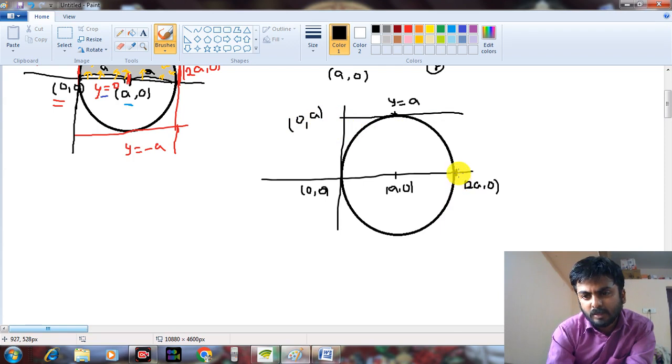And this point is 2a comma 0, and the equation for this is x equal to 2a.